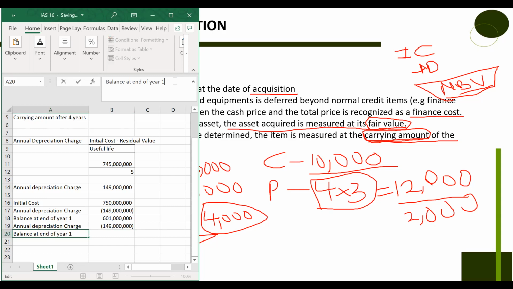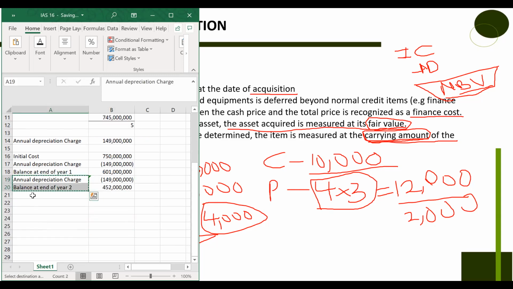How much will be our asset's balance, the carrying amount at the end of year 2? Please tell me. What is it? 452. The same thing.